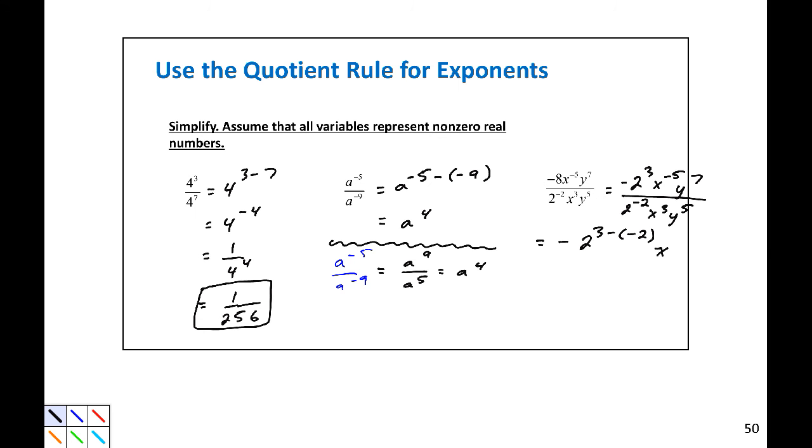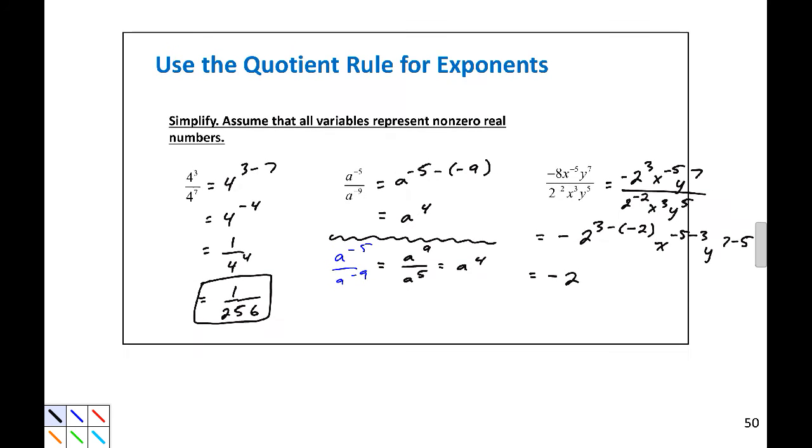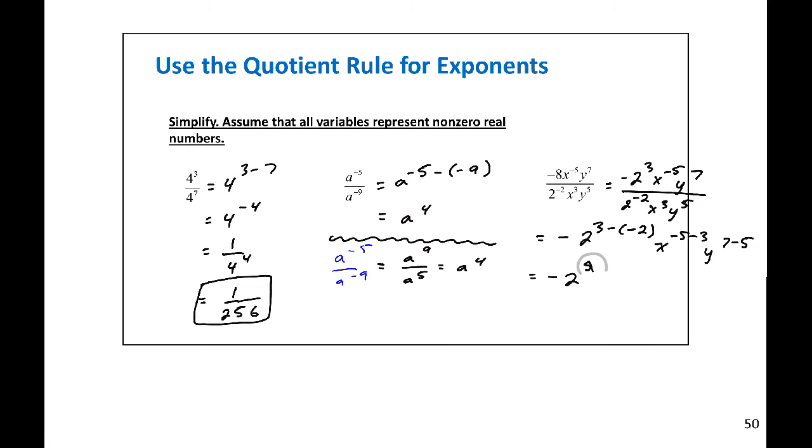We have x to the negative 5 minus 3, and y to the 7 minus 5. That would simplify to be negative 2, okay, negative, and then our base is a 2. Subtracting those two, 3 minus negative 2 is positive 5. We have x to the minus 8 and y to the positive 2.